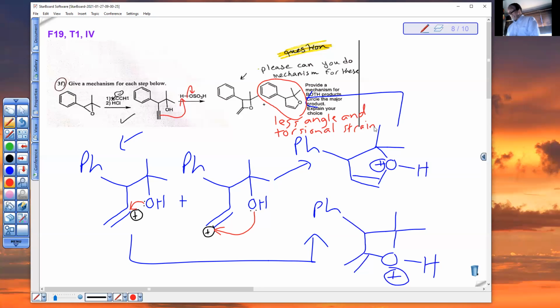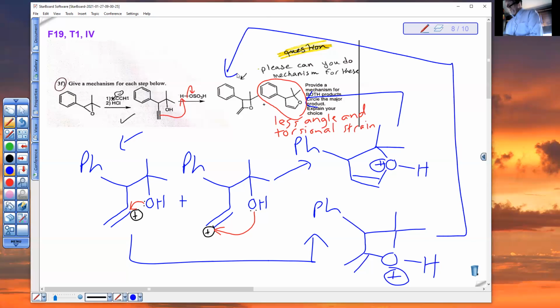And the way to get to those two products is simple acid-base chemistry using the conjugate base of sulfuric acid, also known as hydrogen sulfate. And same here.